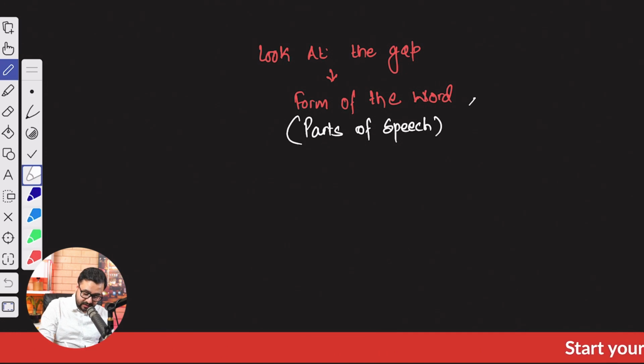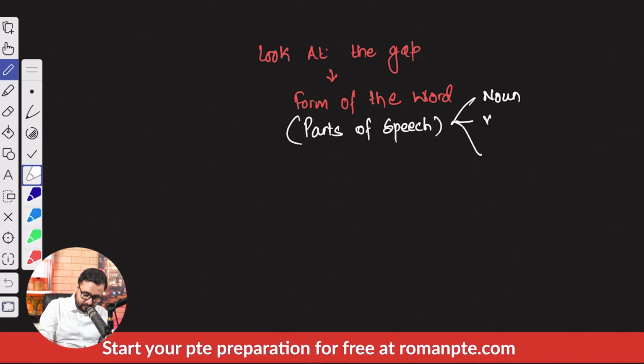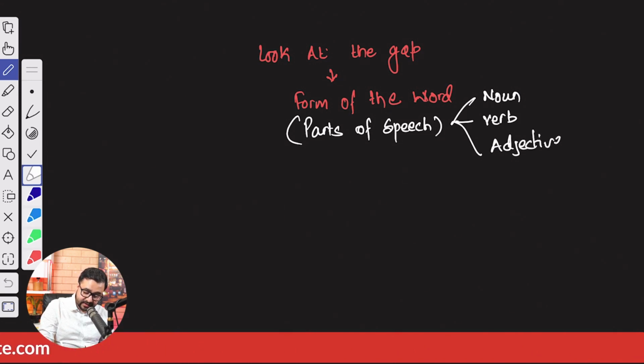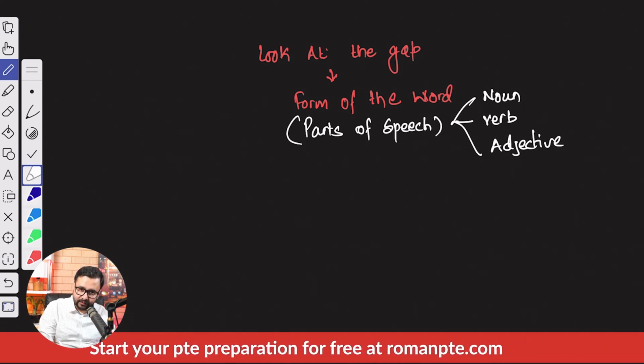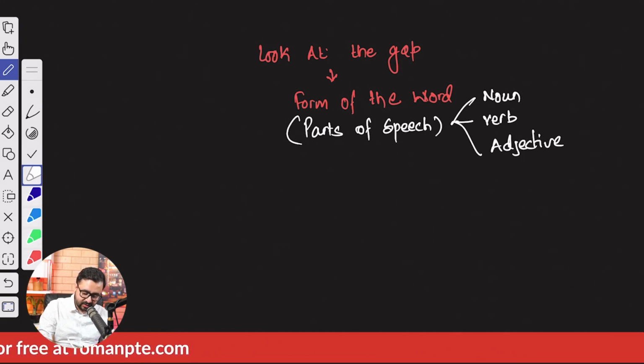We have 8 different types of parts of speech, but out of them, for this video, we'll only focus on noun, verb, and adjective. The other remaining 5 we'll discuss in some other videos. Noun, verb, and adjective. So you have to first decide if the missing word is a noun, a verb, or adjective, or any of the other remaining 5 parts of speech.